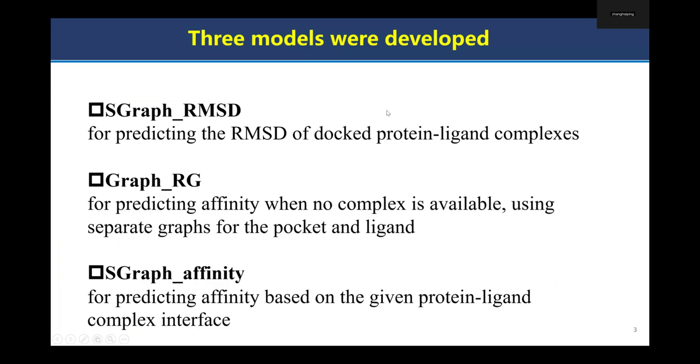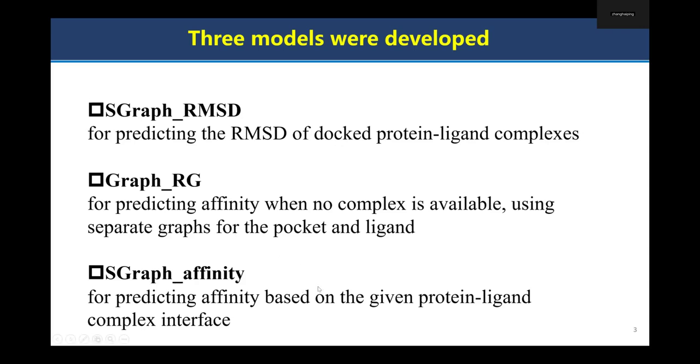First, the S-graph RMSD was used for predicting the RMSD of docked protein-ligand complexes, to choose the native-like conformations. The second is for predicting the affinity, especially when the complexes are not available. We use separate graphs for the pocket and ligand.